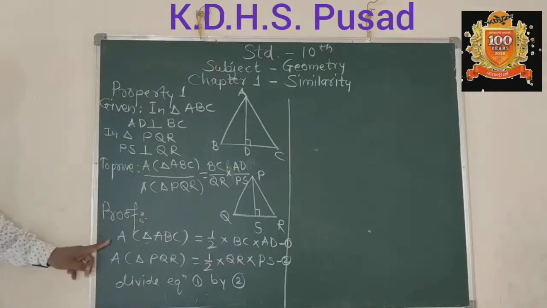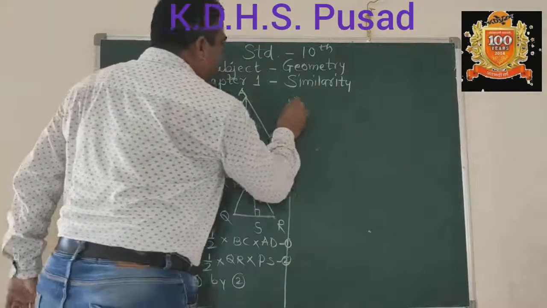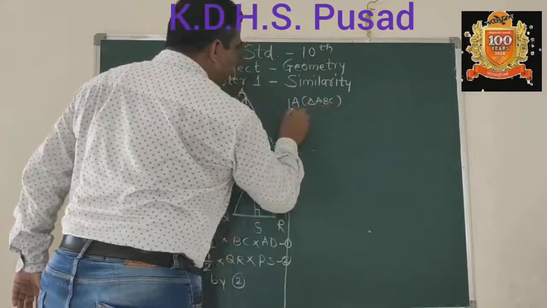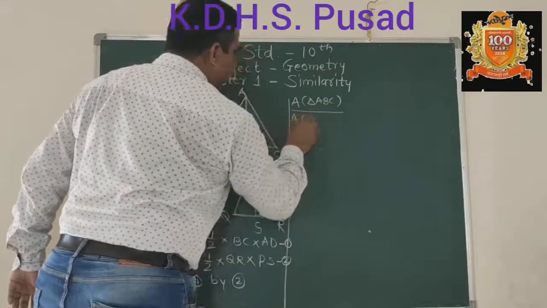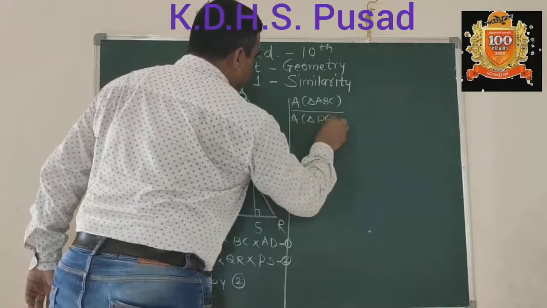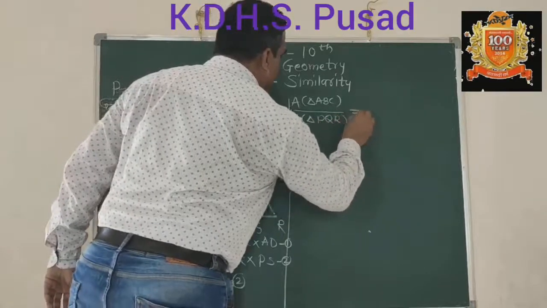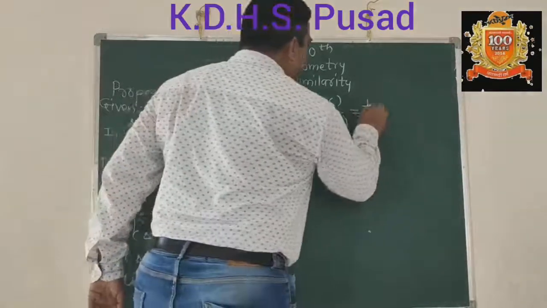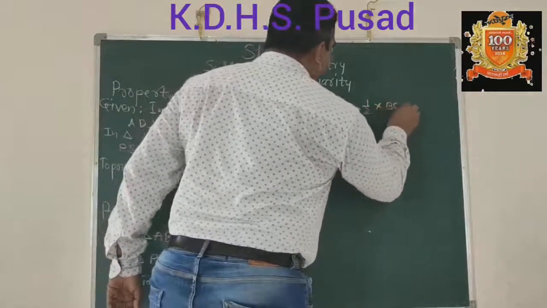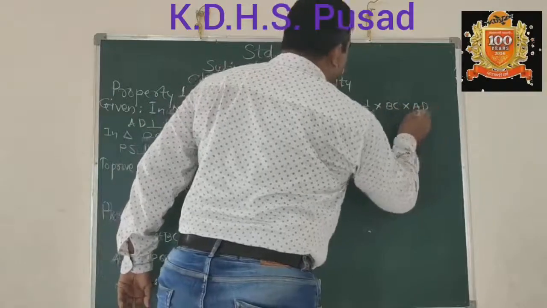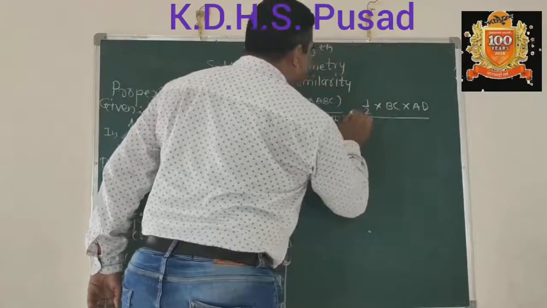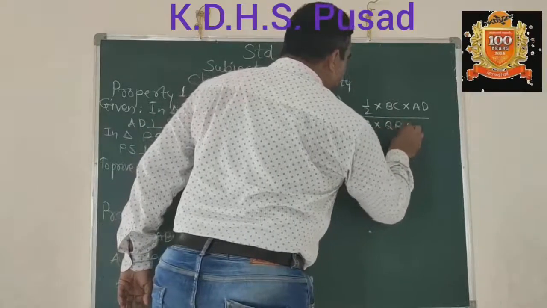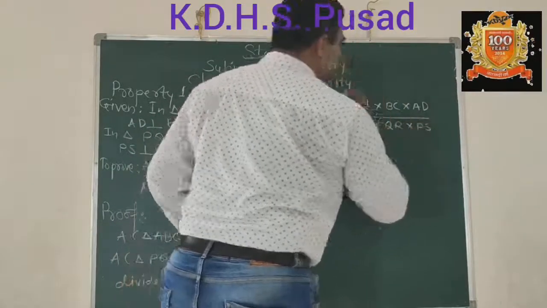So if we divide this by this, on the left hand side we get area of triangle ABC by area of triangle PQR is equal. Now on the right hand side, divide this by this. So half into BC into AD divided by half into QR into PS.